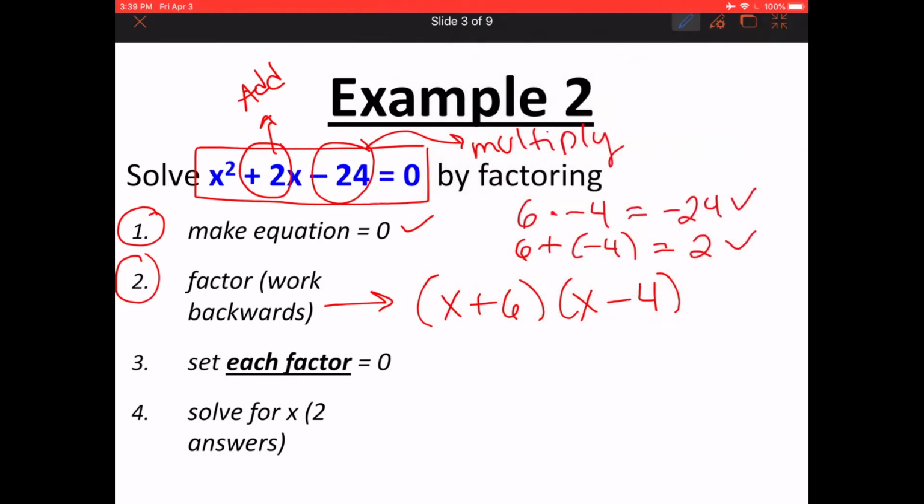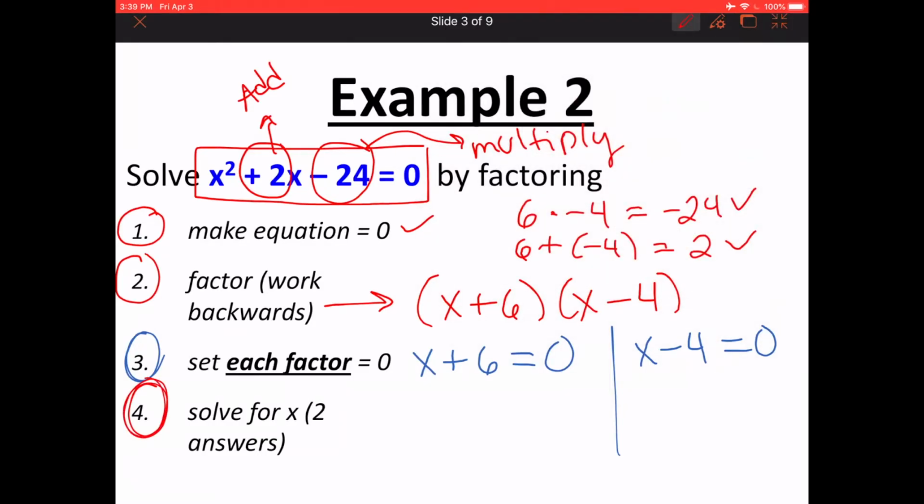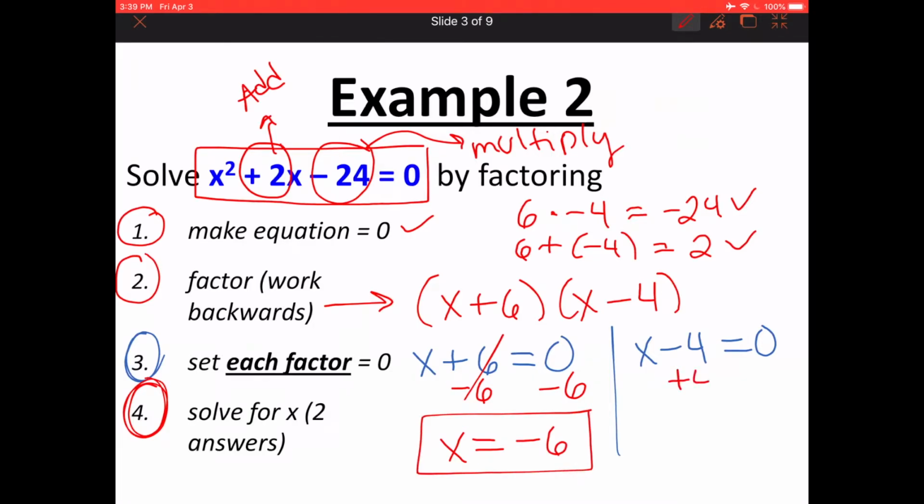Now in my next step, step number 3, I set each factor equal to 0. So x plus 6 equals 0, x minus 4 equals 0. And for my final step, all I do in number 4 is solve for x. So here for my first factor, I subtract 6 from both sides, and I get x equals negative 6 as my first answer.